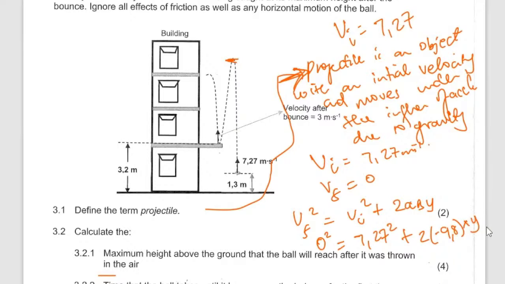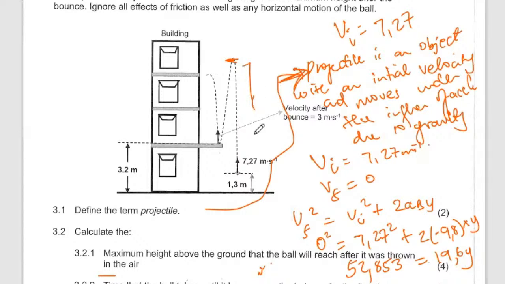So 7.27 squared is giving me 52.857, which is equal to 19.6 delta y. And so this one will be negative 19.6, but when I transpose it, I'll get a positive. Then I'll divide both sides by 19.6. We're getting 2.6965, which is approximately 2.7.